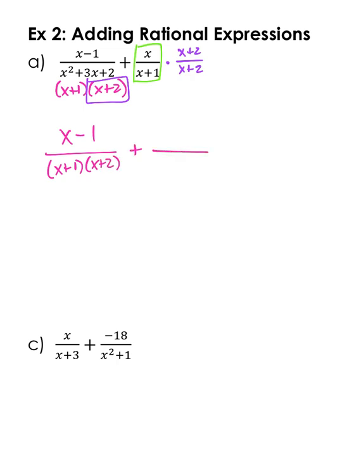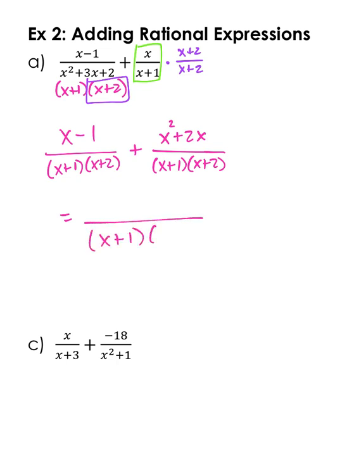All right, so when I multiply x times x plus 2, I get x squared plus 2x. Then my denominator is x plus 1 times x plus 2. And now that I have a common denominator, I can just add these across. So I've got x minus 1 plus x squared plus 2x.